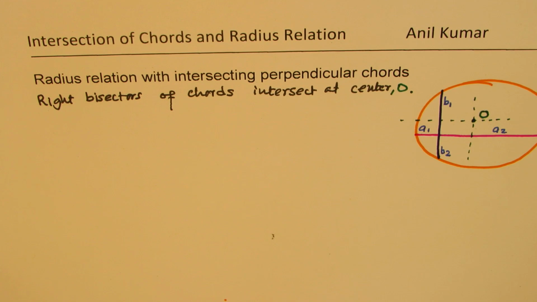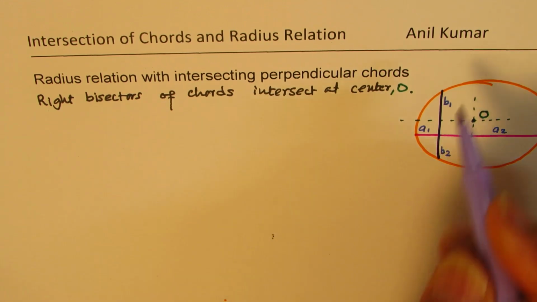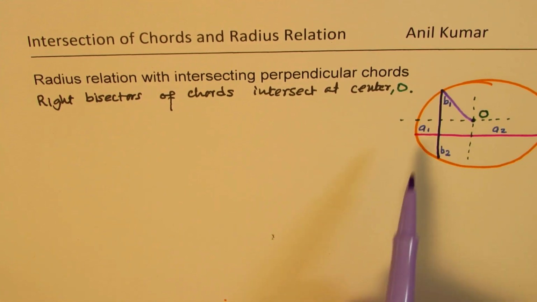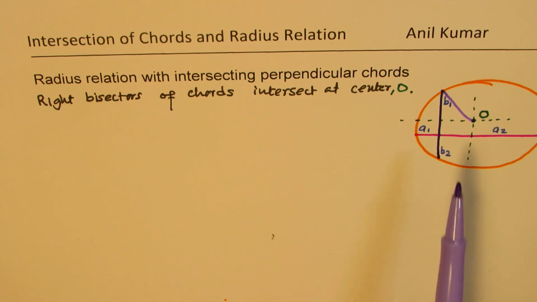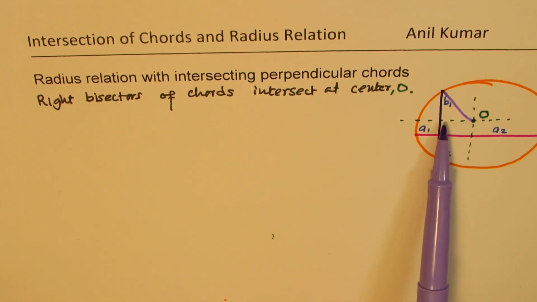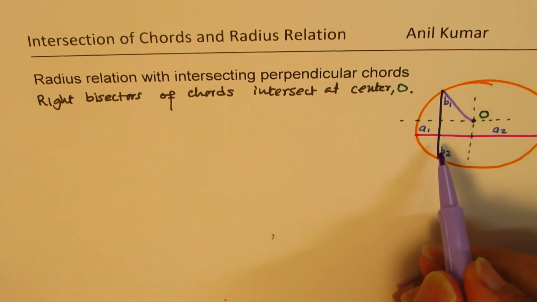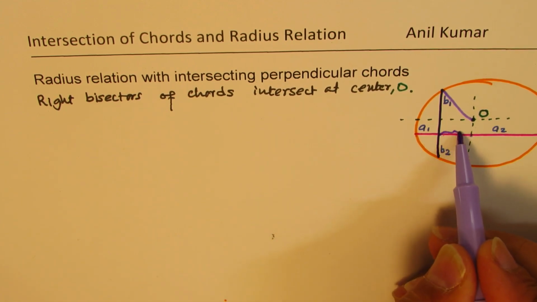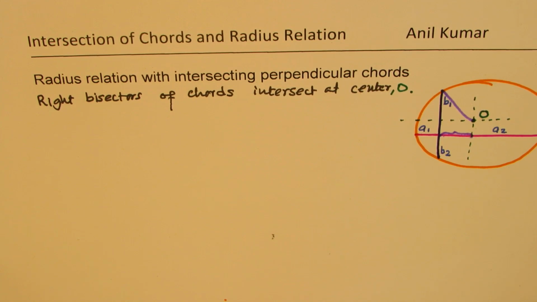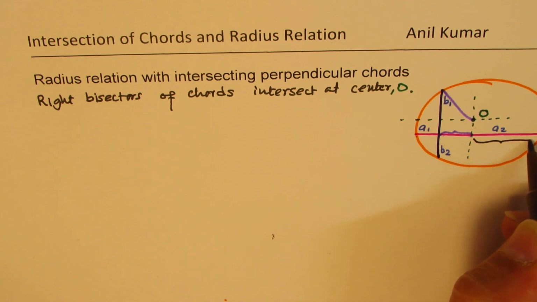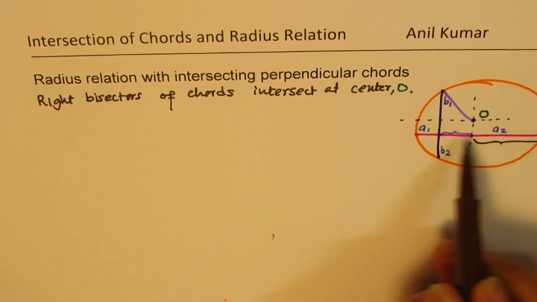Now, we need to basically relate the radius to the chord segments, right? Because we know the chord segments in our example. Okay, now, what we should do is find what this length is, right? We need to find basically this length. Okay, so what we know here is that this length here is half of this total, right?